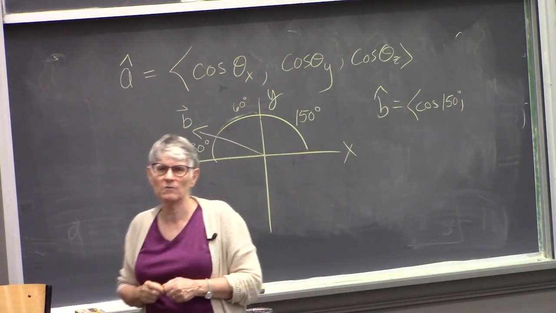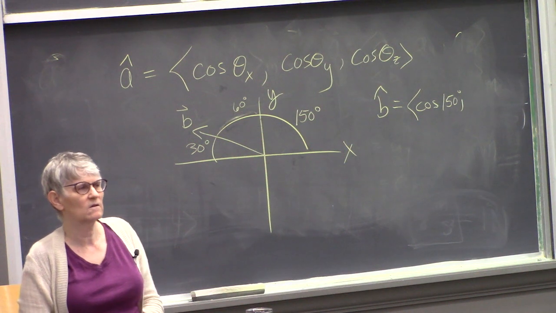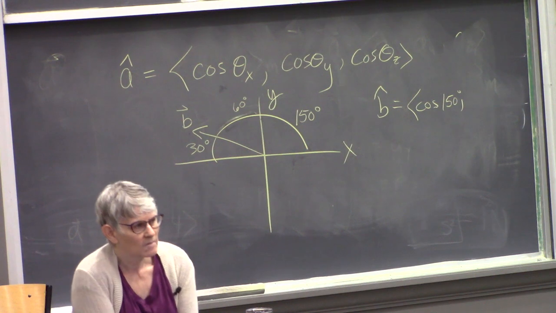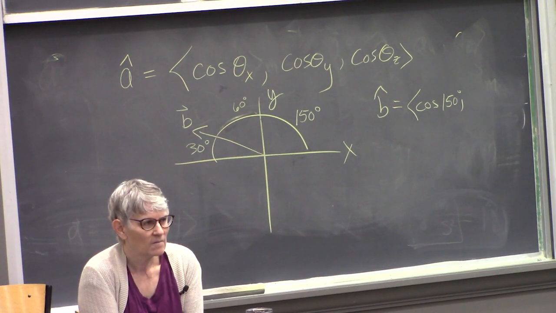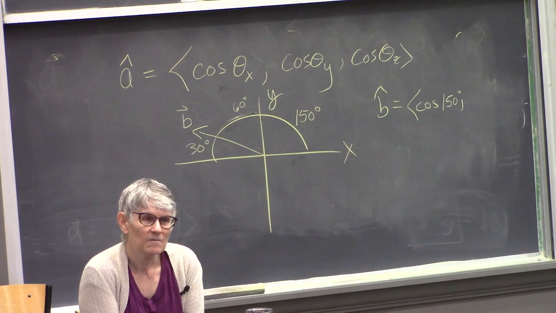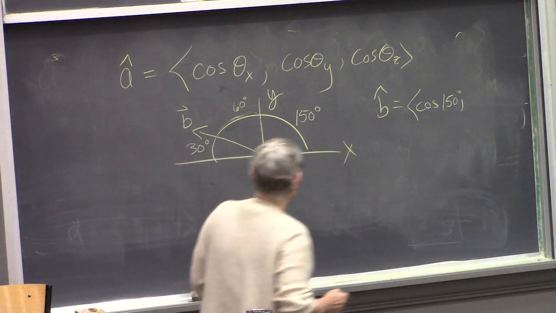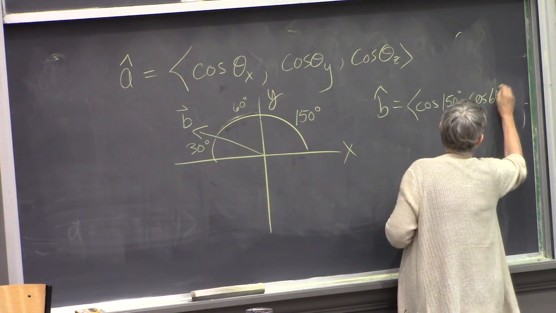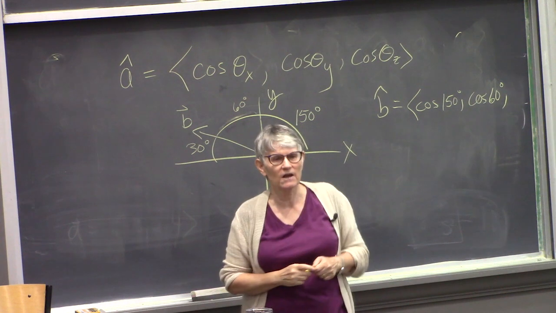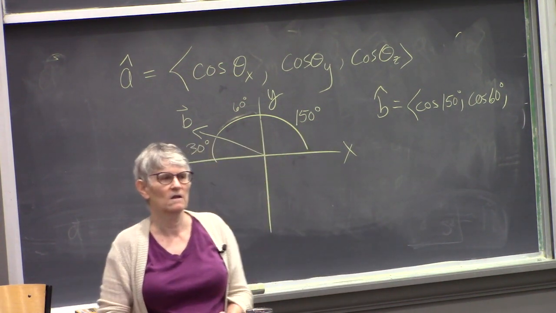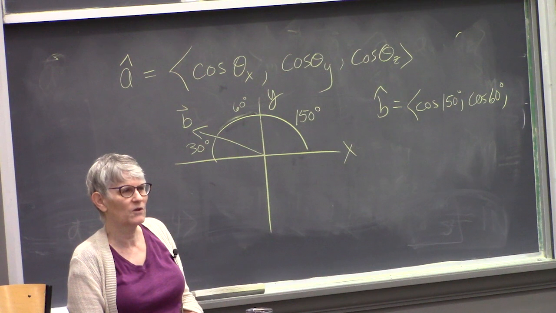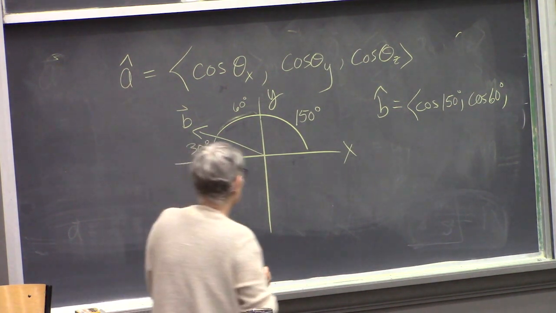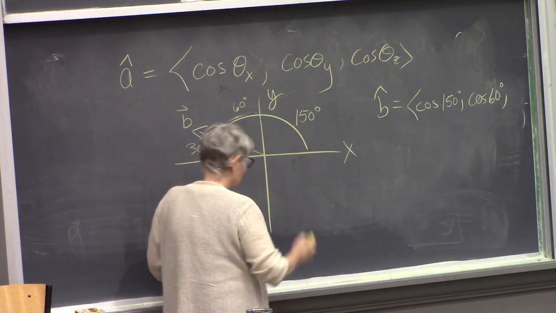What's the angle this vector makes with the plus y-axis? Yep, 60. So this is our 60 degrees here. So cosine of 60 degrees. What's the angle it makes with the plus z-axis? Okay, well, it's either 0 or 90. Which is it? So here's the z-axis coming out of the board.